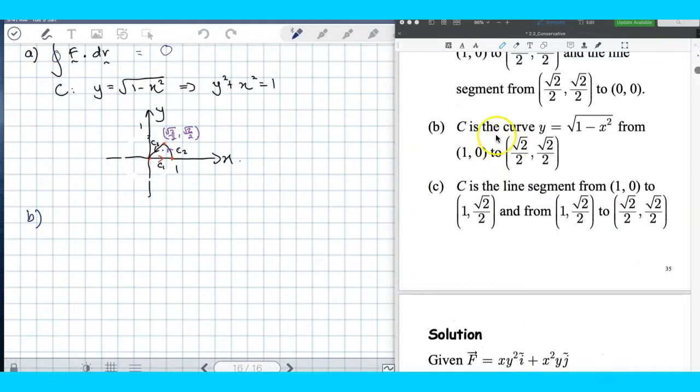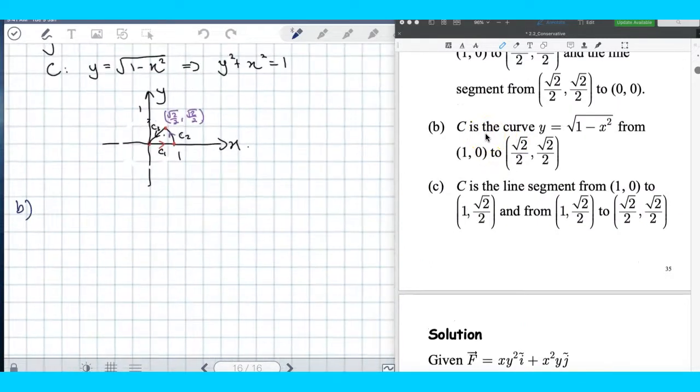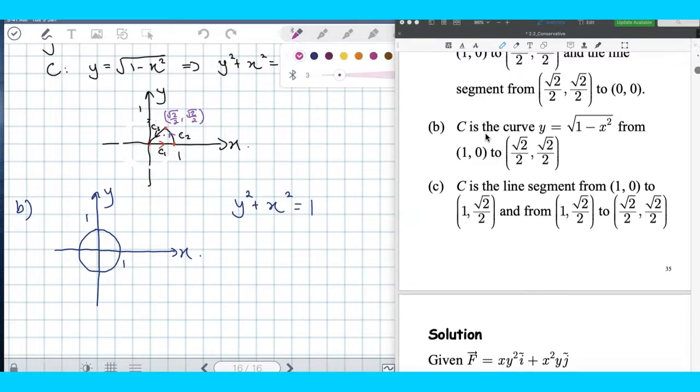Okay, so now the next, C here, is also part of the circle with radius 1 on the x-y plane, also based on the equation of y squared plus x squared equal to 1. It is the curve from 1, 0. So the point here 1, 0 is here, and then to the point of square root of 2 over 2, square root of 2 over 2.